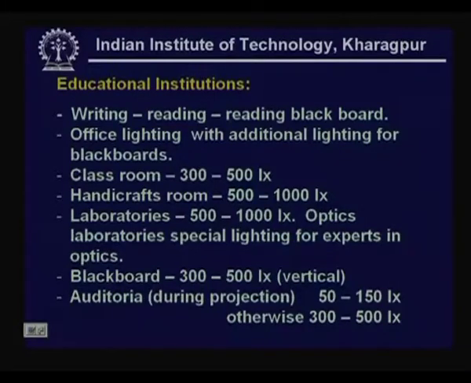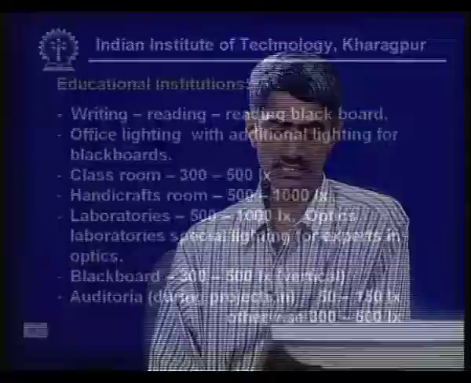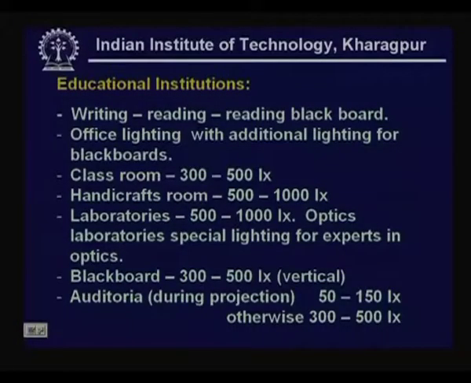Coming to the auditoria, auditoria are used for observing large presentations. So there is some minimal lighting required when there is a projection going on, and in fact this recommendation does talk of having 50 to 150 lux during the projection, so that the audience does not get distracted by the activities around and concentrates on the screen.